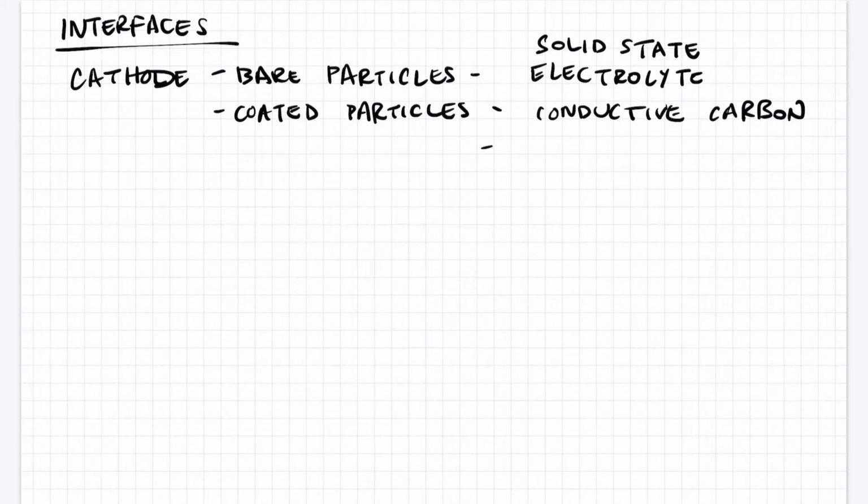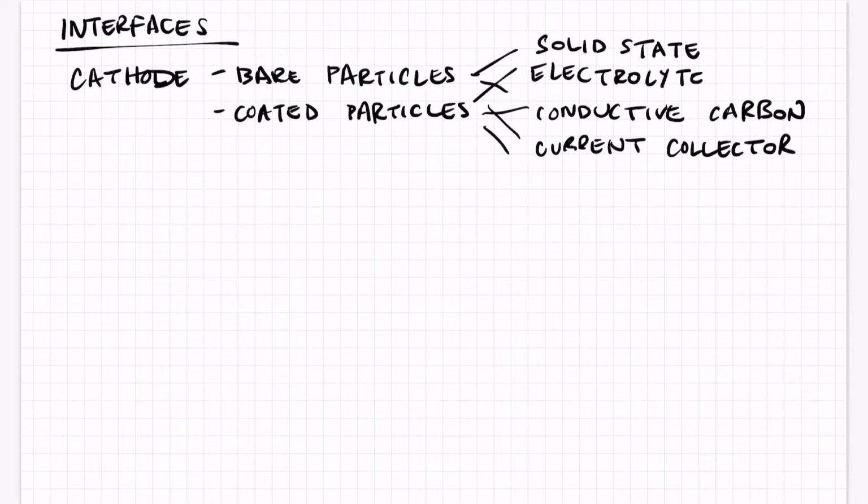This is something that we haven't really talked about as much, but now when we're making these composites, depending on the geometry of the current collector, there could be interactions with that as well. So all these three, 1, 2, 3. This also 1, 2, 3. So you can see quite a number of interactions already here.